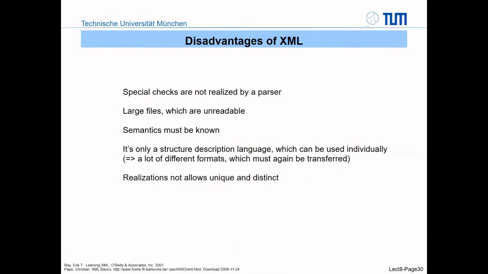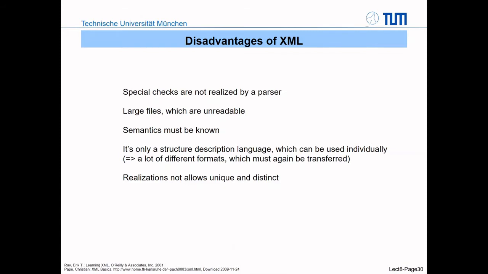XML is in principle just a structured description language, which can be used very individually. So as you said, it's so intuitive because you can define your tag names. You can do anything you want, and therefore everybody defines their own formats.